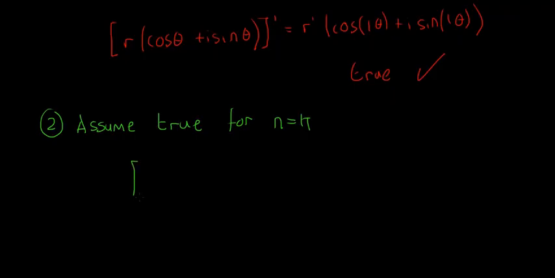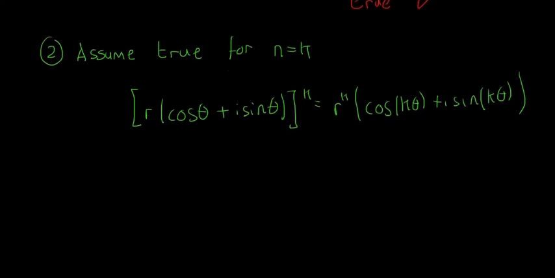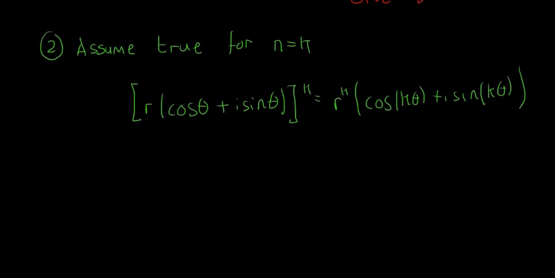That means that we have, again, square brackets, we have r multiplied by cos theta plus i sine theta to the power of k is going to be equal to r to the power of k multiplied by cos of k theta plus i sine of k theta, close the bracket. Alright, so we can assume that that is true. And again, this might seem like a lot of r's and i's and cos's and k's and thetas, but it's not too bad. Once you go over complex numbers and once you just kind of learn this off, it really isn't too bad, just putting the k's and the n's in the right places.